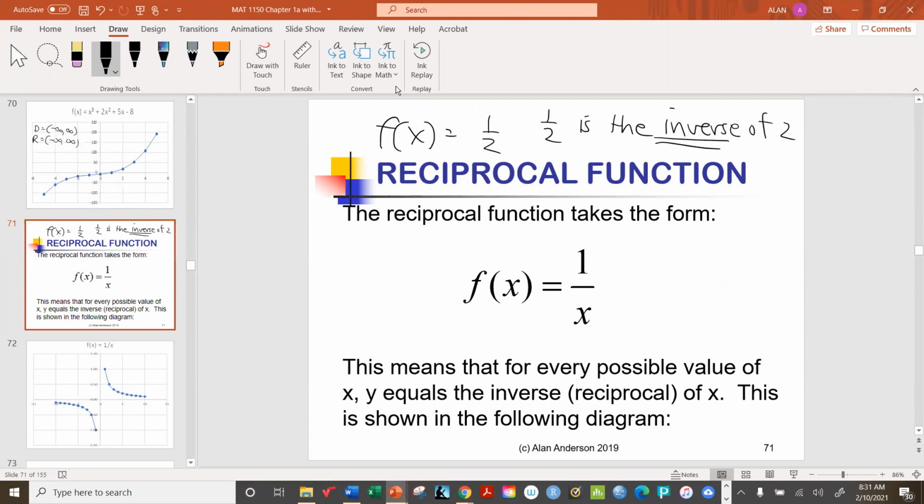You might remember that from somewhere along the way. 1/3 is the inverse of 3. And why is that? Because 1/2 times 2 equals 1. That's what the word actually means. Here, 1/3 times 3 equals 1, which is how we know that they're inverses of each other.